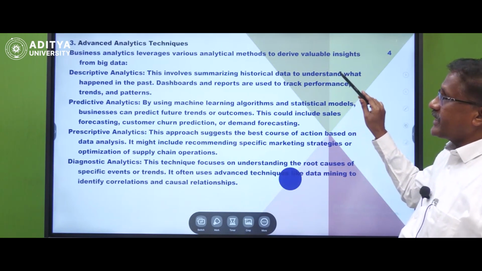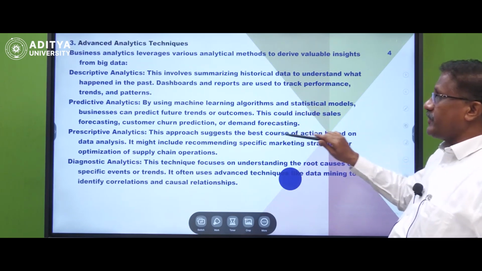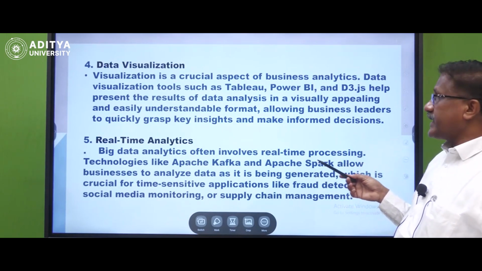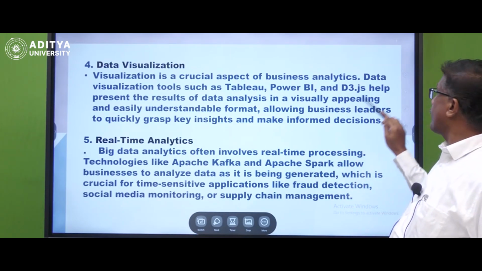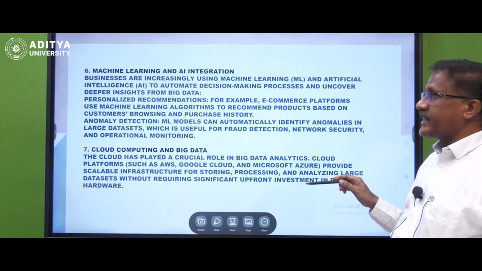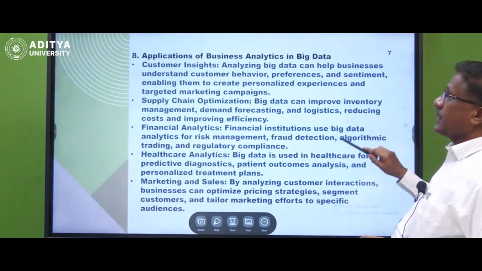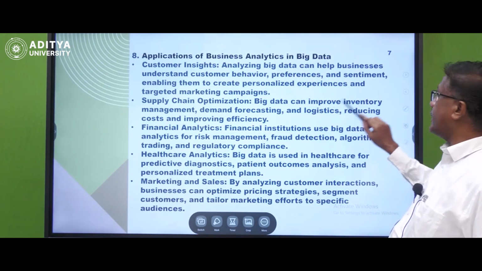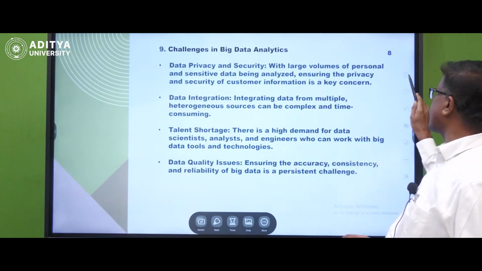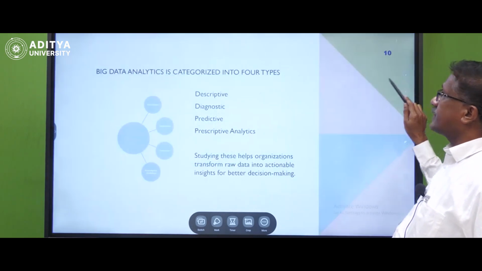What are the different types of analytical techniques like descriptive, predictive, prescriptive and diagnostic, data visualization and real-time analytics, machine learning and AI integration along with big data, cloud computing and big data, applications of business analytics in big data? What are the challenges we are facing in today's big data analytics environment? What are the future trends in big data analytics?